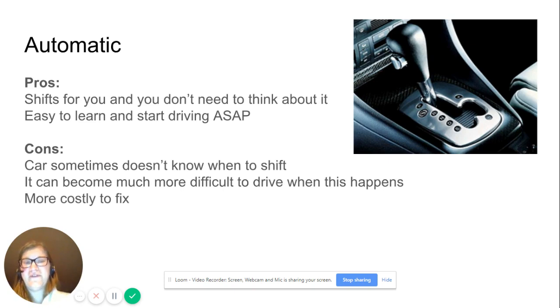That can be really dangerous because it can hurt the engine. When it does that, it can be more difficult to drive. It is way more stressful when you're in an automatic transmission and it tries to shift, but you can't shift it.